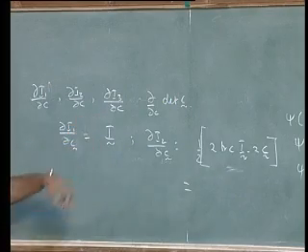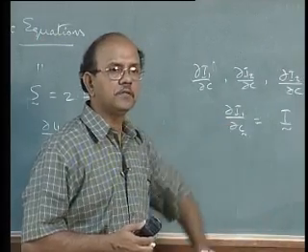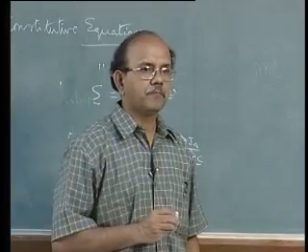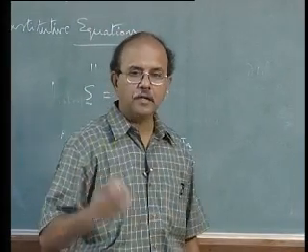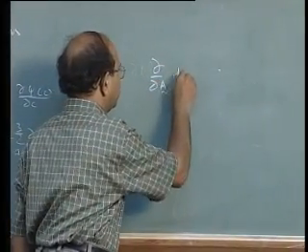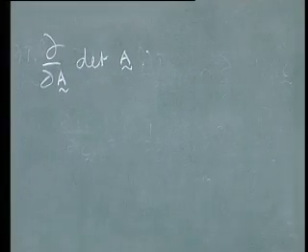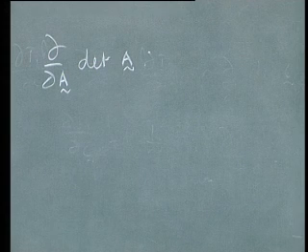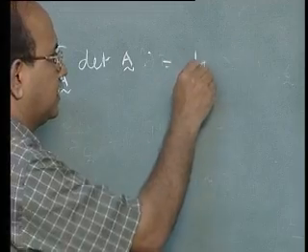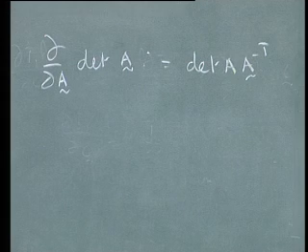And lastly, dou I3 by dou C, that is dou by dou C of determinant C. What is that expression? How do we get this? Dou of determinant of A by dou A, the result is determinant of A into A inverse transpose.